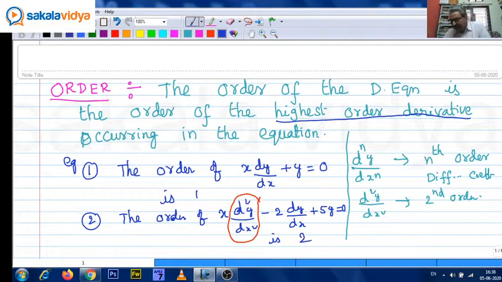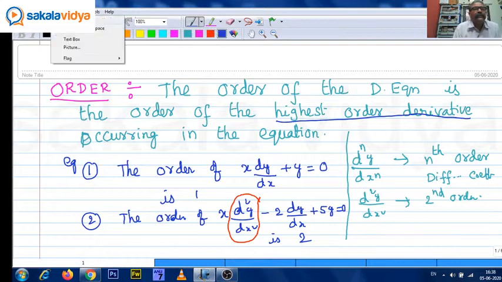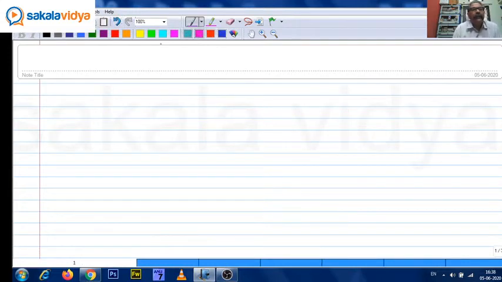Next we need to discuss degree. That is very important. Degree we need to remember. Next, degree of the differential equation. What is the degree?